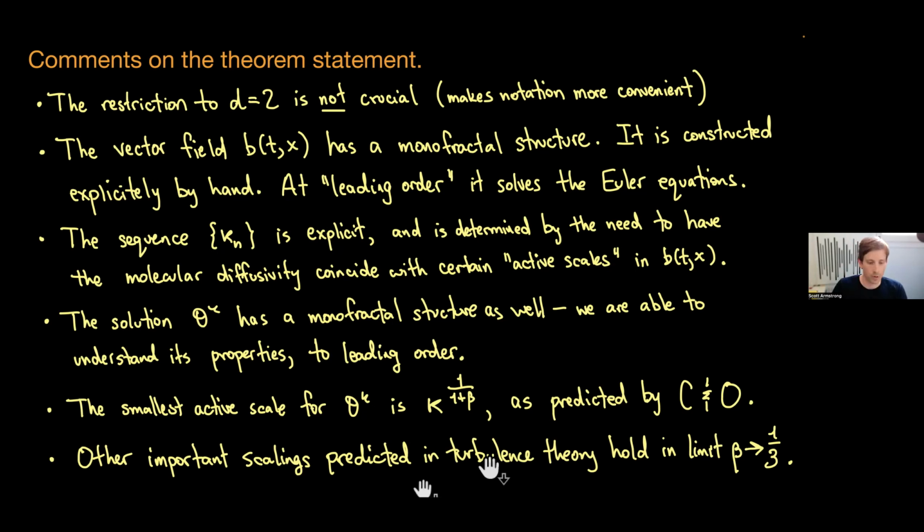There are other important scalings predicted in turbulence theory that emerge, because a lot of these things are just scalings. That is to say, the vector field we build looks physical enough that you get a lot of scalings that you expect from turbulence.